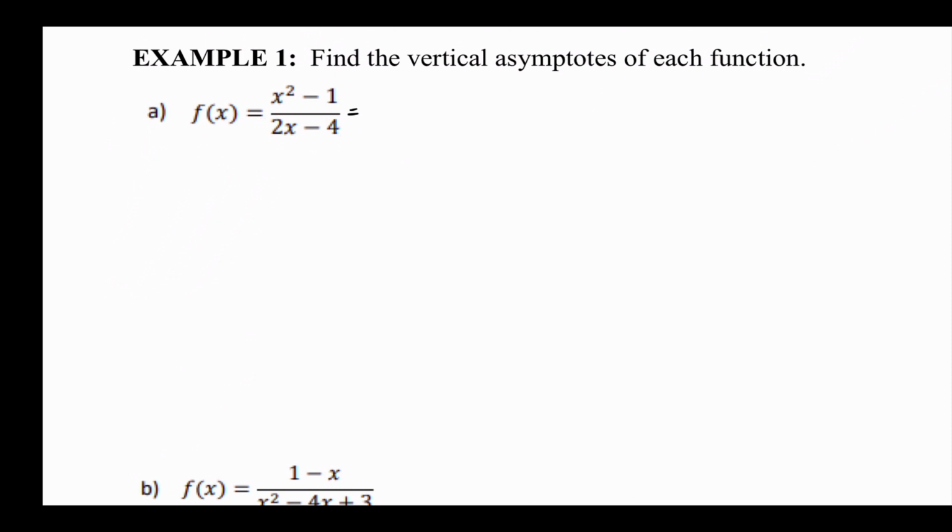Let's see if it can be factored. Can the top be factored? Yes, right? It's a difference of squares. Okay. Can the bottom be factored? Yes, right? Not difference of squares, but it's got a GCF of 2.